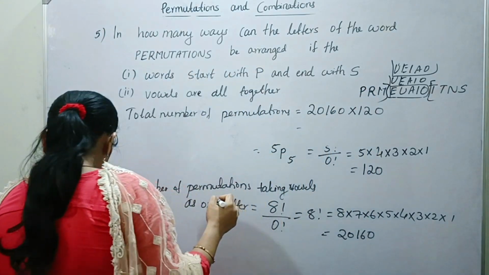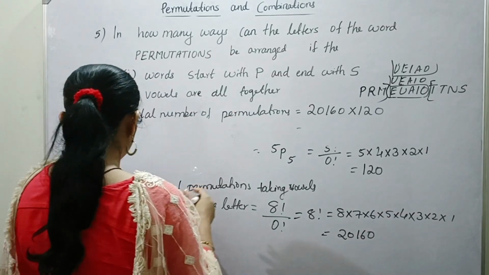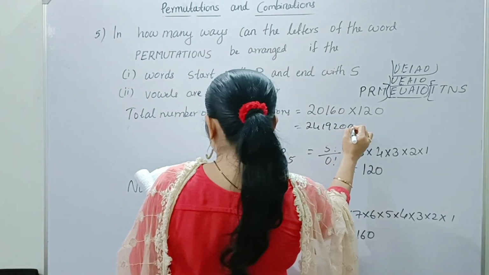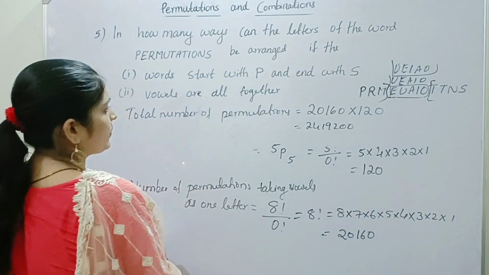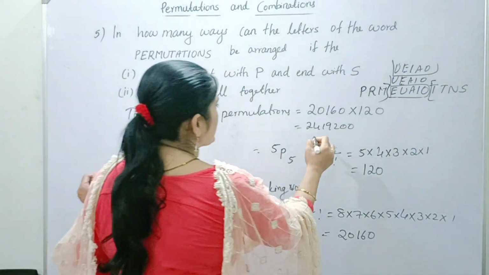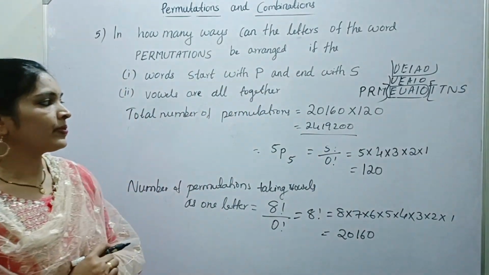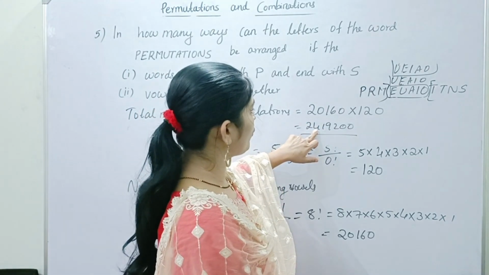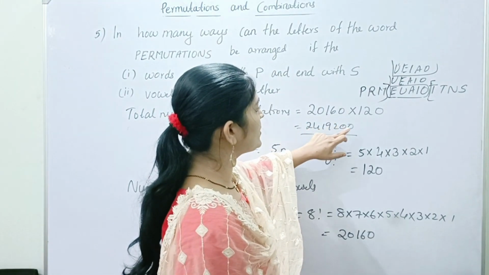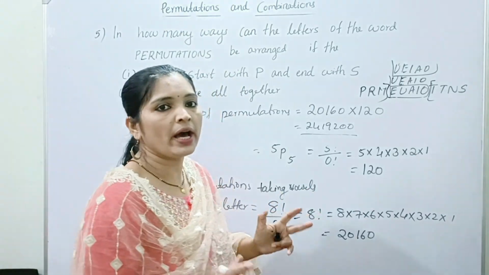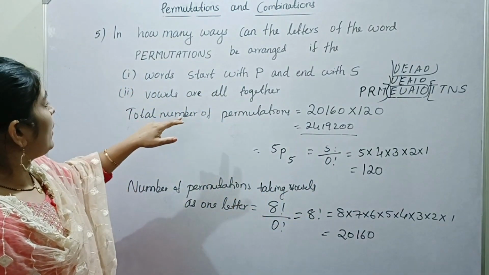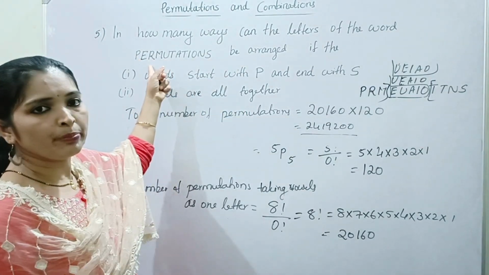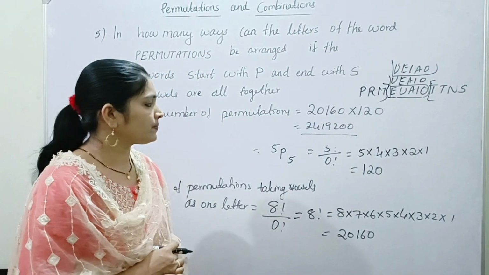That is 2419200. So in 24,19,200 ways, we can write the words when vowels are all together from the word permutations.